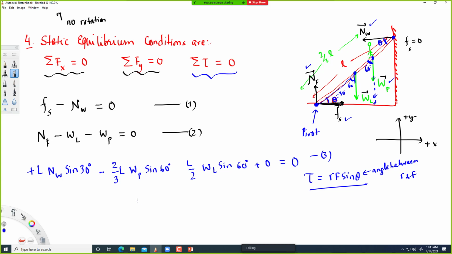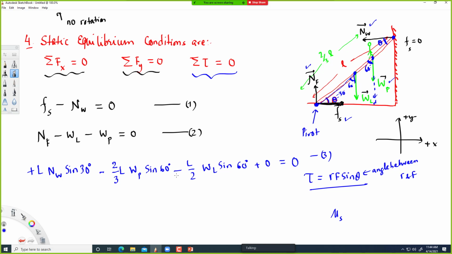So it's asking what's the minimum static friction which will keep the ladder from slipping. Oh yeah, sorry. So this one would be negative, yeah.